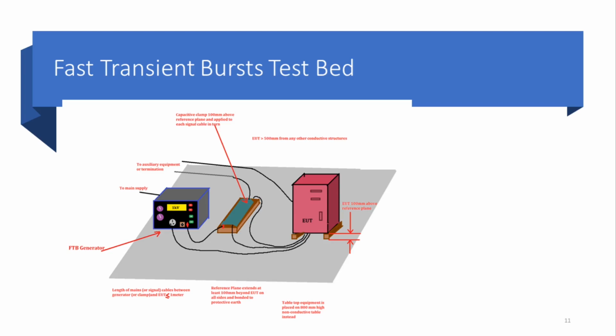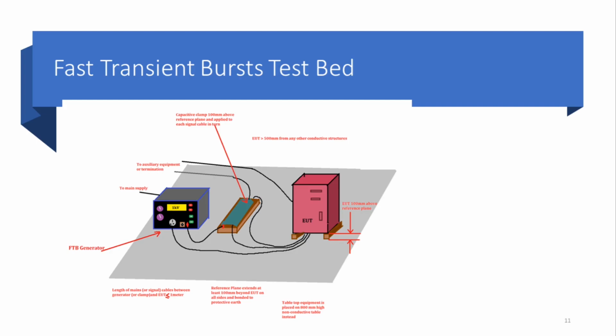The FTB is a wideband phenomenon with spectral components up to hundreds of megahertz, and therefore, as with other RF tests, layout is important for repeatability. The coupling of the burst is strongly dependent on the EUT's stray capacitance to its surroundings.